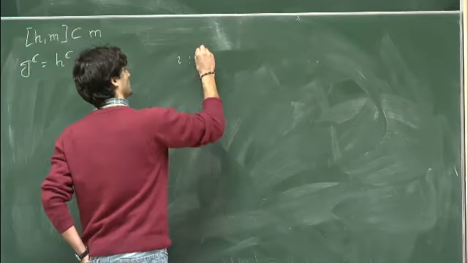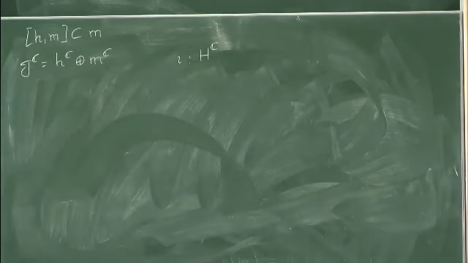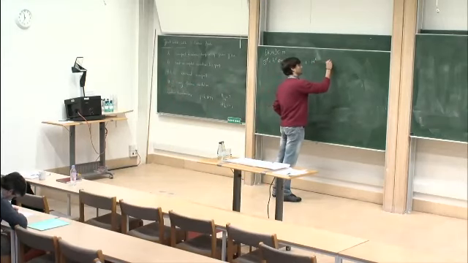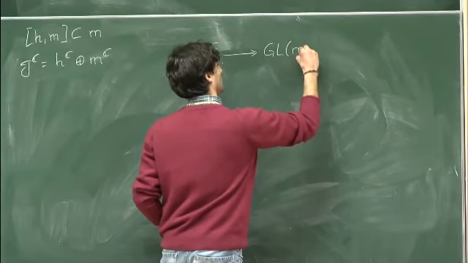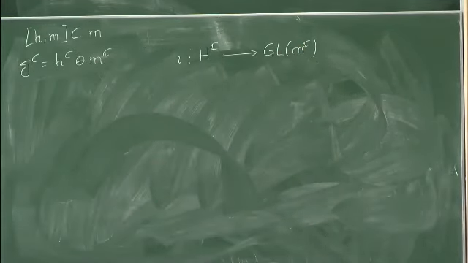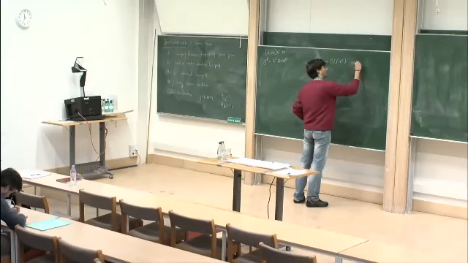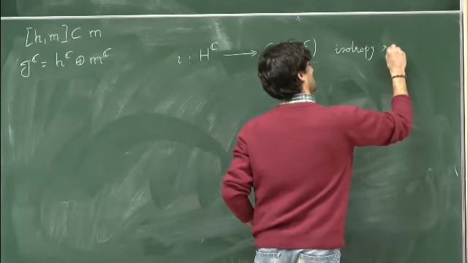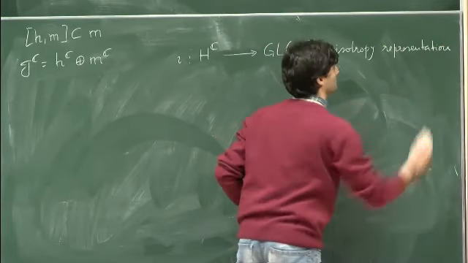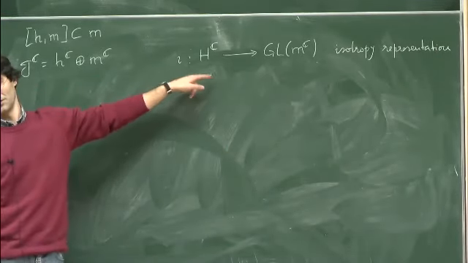So H^C, the complexification of the maximal compact, acts on this vector space M^C just by restricting. This is the so-called isotropy representation, which is just induced by the adjoint representation of G^C on its Lie algebra.